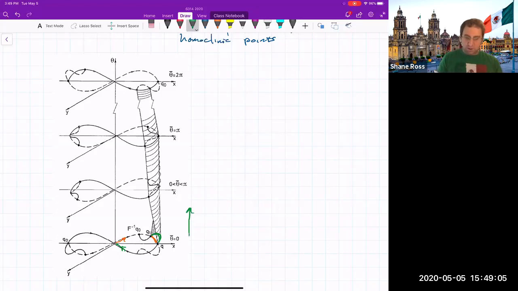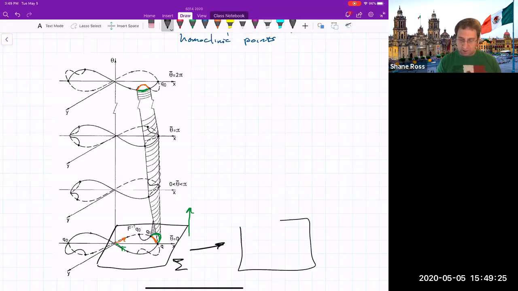What does it do? Well, this green part goes to here. That's kind of the outside. The orange part goes to here. And if we were to look at just take a section, here's the Poincaré section, and what does that look like? Just flattening it out. Trying to sketch it.